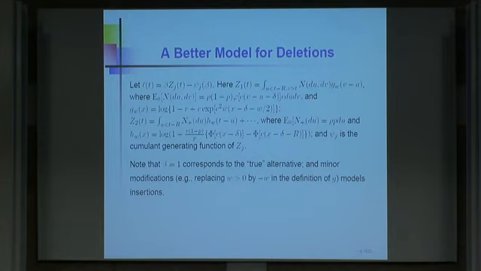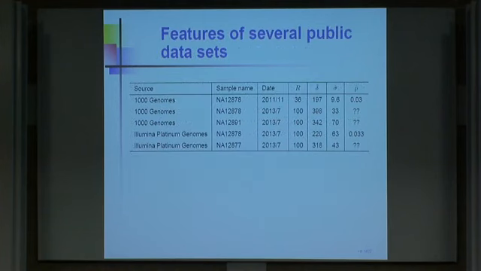And again, this is the model for deletions. There's the corresponding model for insertions, which I've tried to illustrate on the blackboard. And here are some figures that we're still trying to digest with regard to data sets that are publicly available.